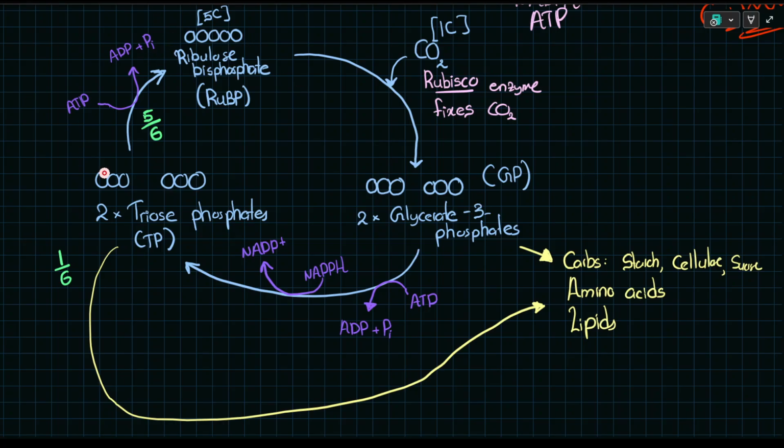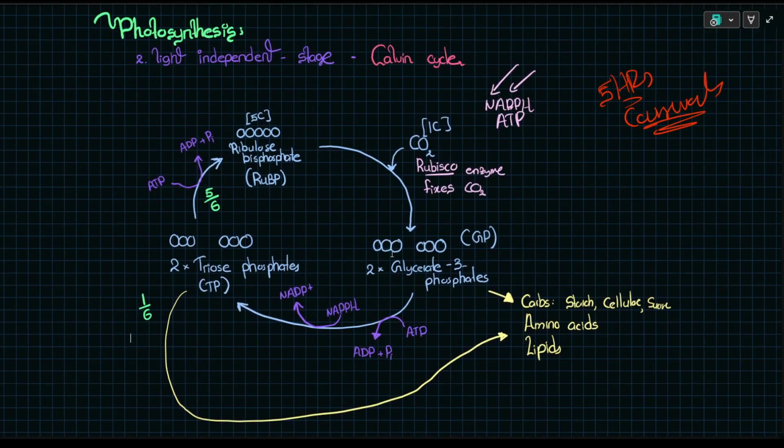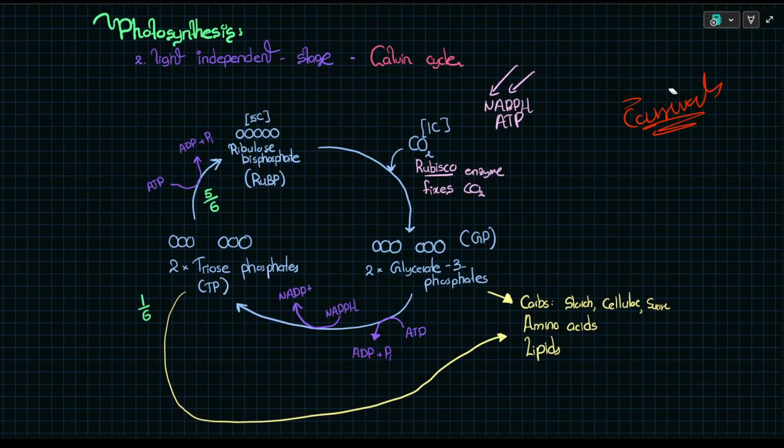So of these 6 carbons, 5 carbons are used to produce ribulose bisphosphate, and 1 carbon is used to produce carbohydrates, amino acids, lipids, and all of that. If I zoom out and show you the entire process, this will be the entire Calvin cycle with all the A2 level information that you have to know.